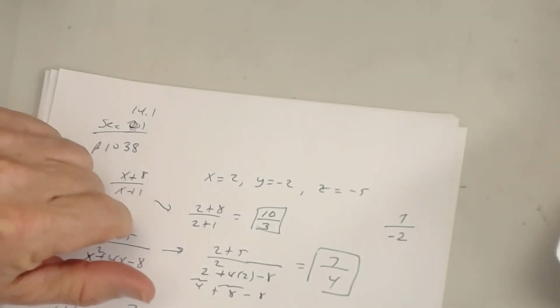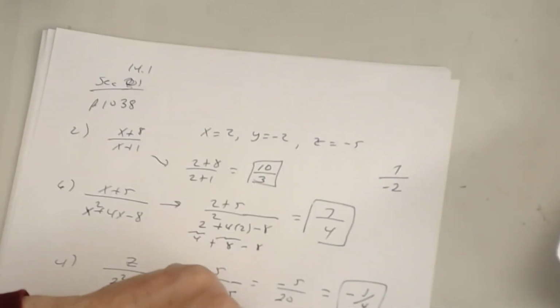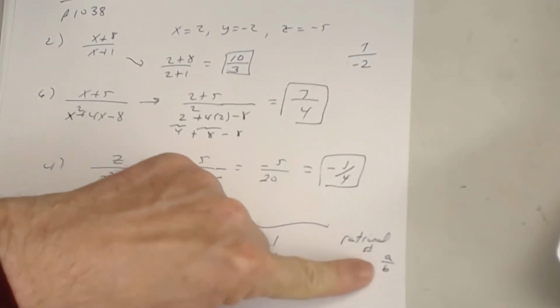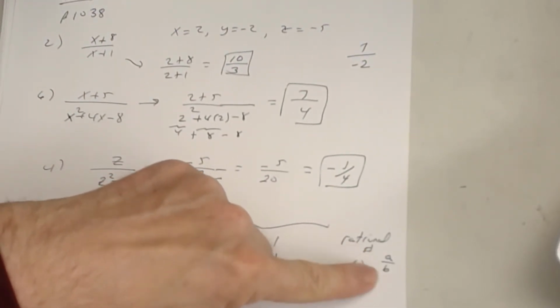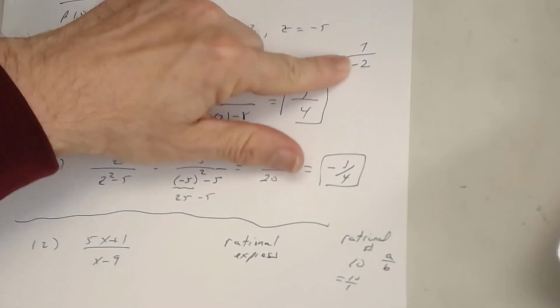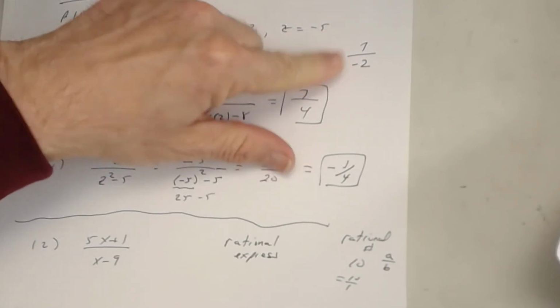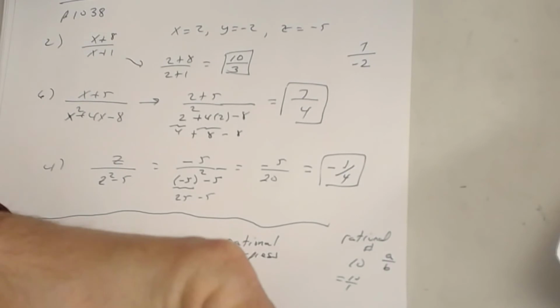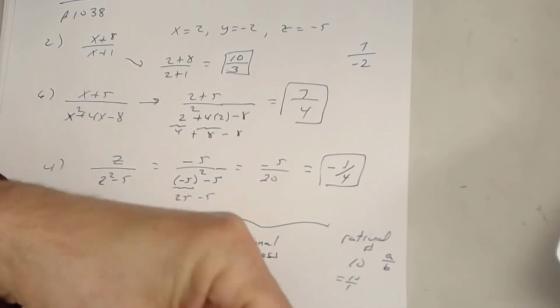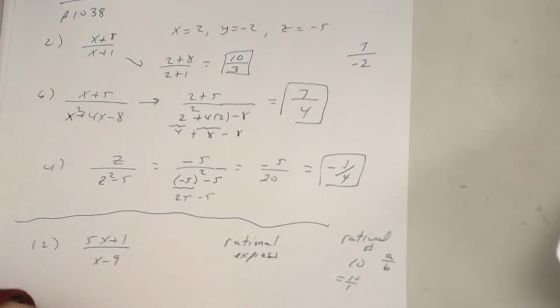It's positive 7 divided by negative 2. Remember, a rational number is an integer divided by an integer. Is that an integer divided by an integer? Yes. It's just that your denominator cannot be 0, because that makes it undefined. So when you calculate, if you plug in 5 divided by 0, you're going to get an error.